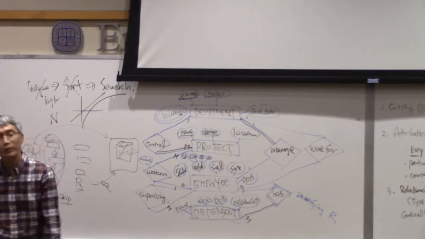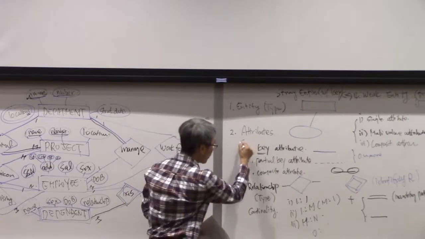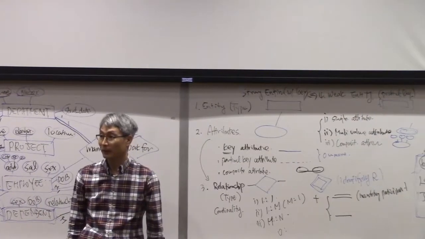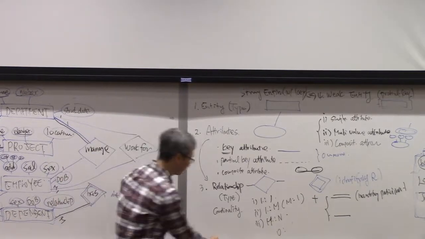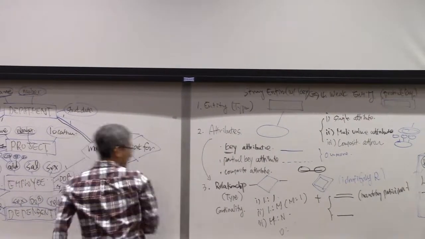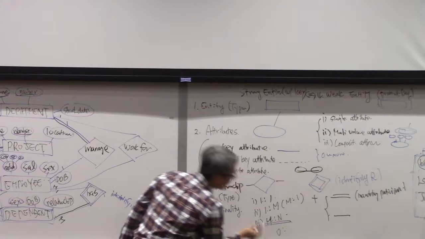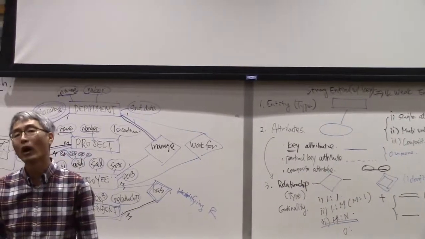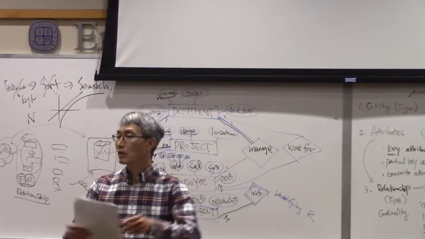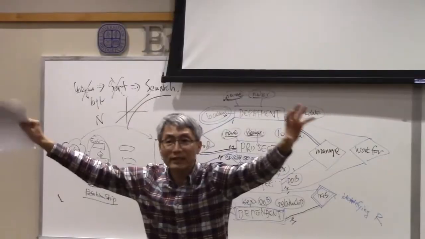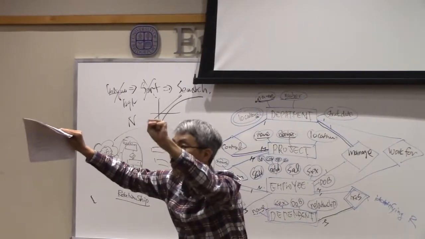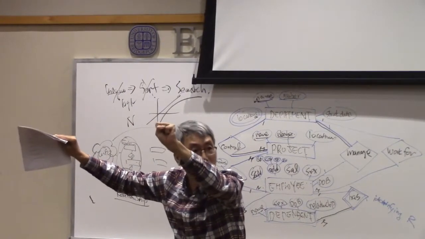So attribute is not only for the entity description. Attribute also can be used for relationship. Okay. Specifically, the many-to-many relationship has the attribute, right? Why? Because it's the many-to-many relationship, it has some description, number of hours, in between.